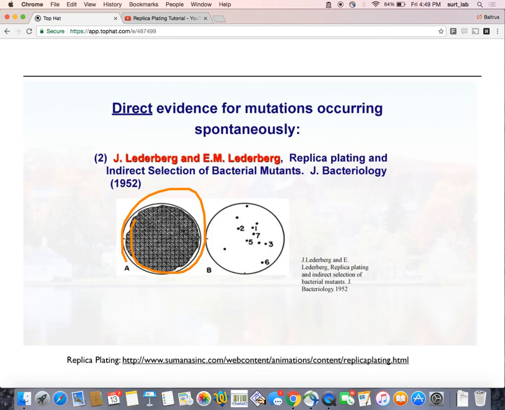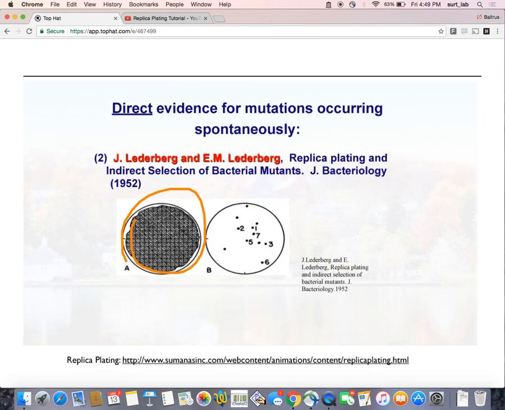What you can do is take that lawn of bacteria and replica plate it to another culture, to antibiotic plates. The next slide is going to be a YouTube link to replica plating if you don't understand what that is. But when you take this lawn, replica plate it, and put an antibiotic plate on top of that velvet for the replica plating of the culture, what you're going to see is that mutant colonies show up.